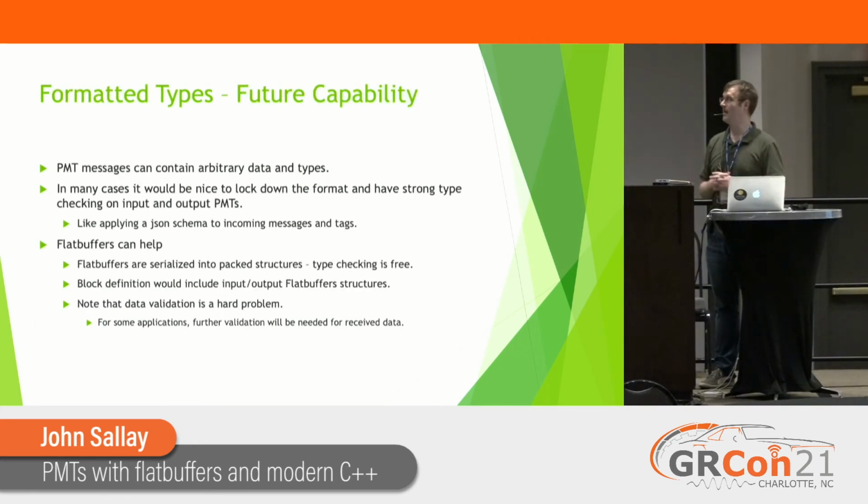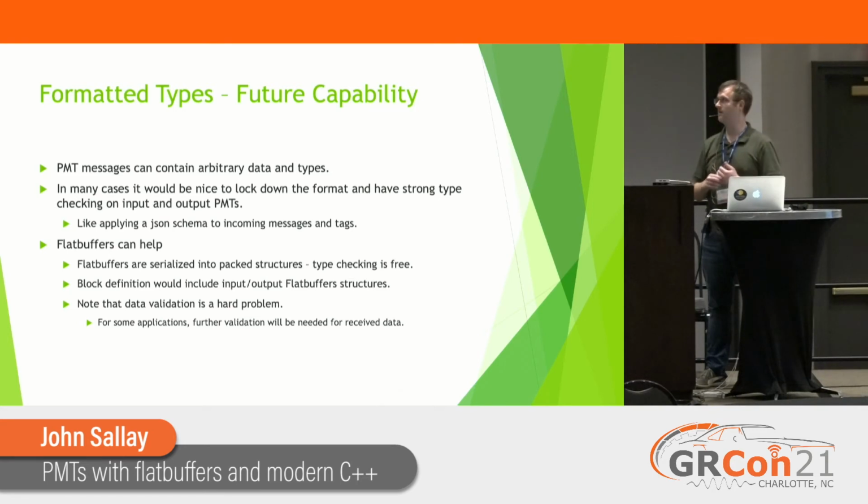The thing that I'm really excited about is adding in the ability to specify a formatted type. So PMTs, they store arbitrary data. If you've got a PMT dictionary, it's going to have some set of keys and some set of values. But when I'm writing a block, I want specific keys with specific types of values.